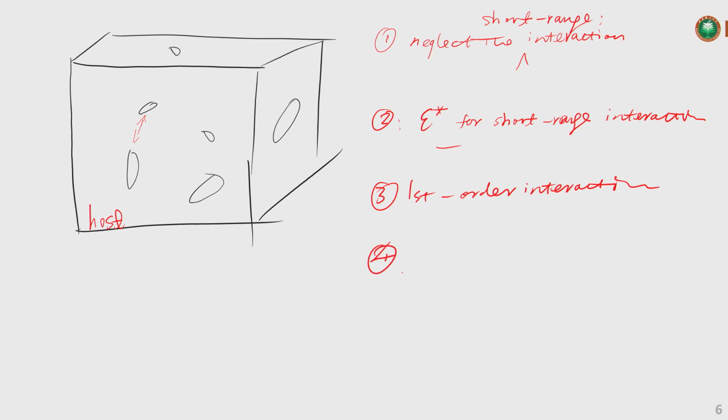And fourth, it is assumed that the size of inclusions is much smaller than the wavelength. At the microwave range, or maybe lower frequencies, almost all of the materials and the inclusions inside of them can satisfy the static condition.